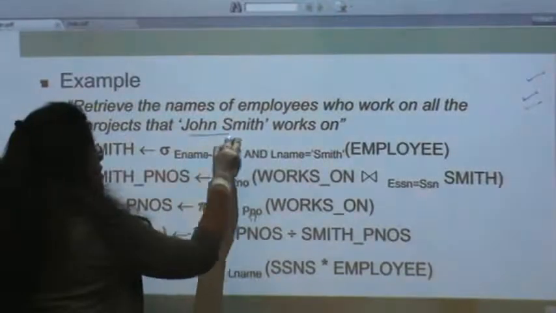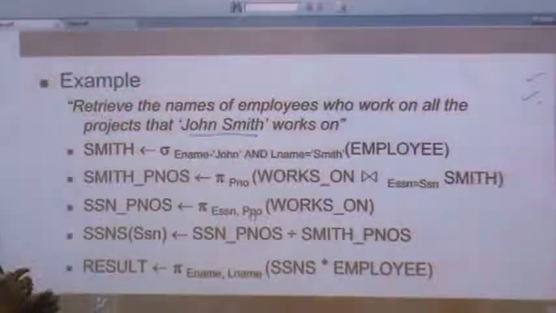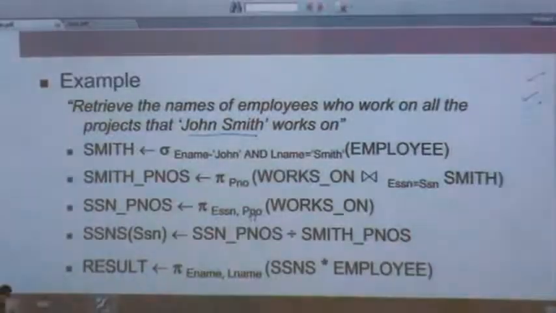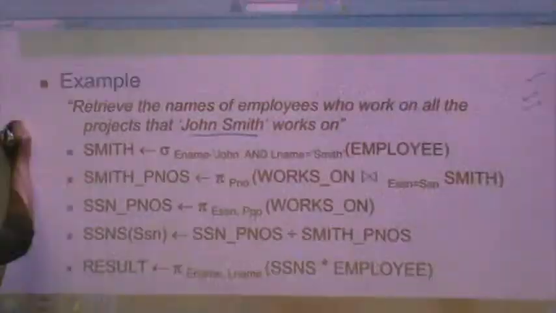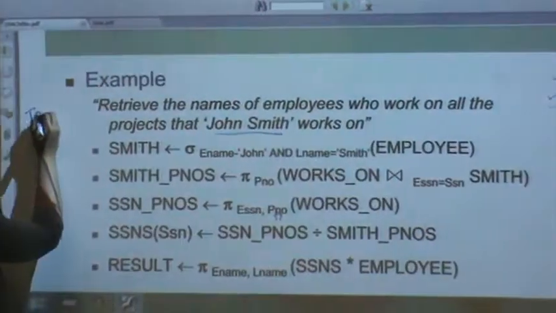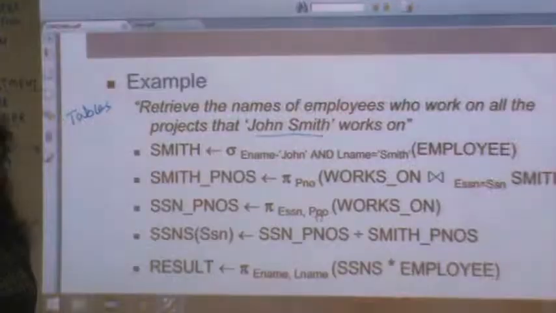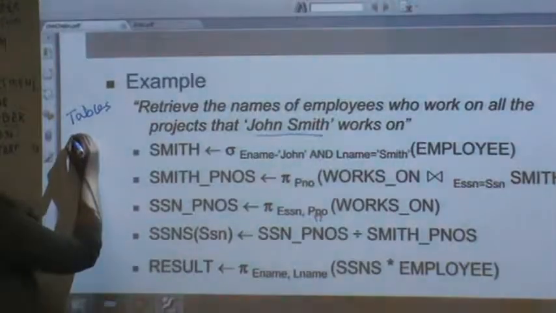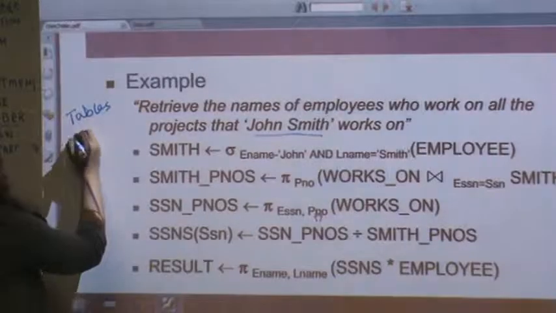So John Smith is a conditional factor, and first of all, when you are getting any query, you think first how many entities I need, entities or tables. It's good to now call them tables. How many tables I need first. Then how many attributes, now we'll no longer call them attributes, we'll now call them columns.